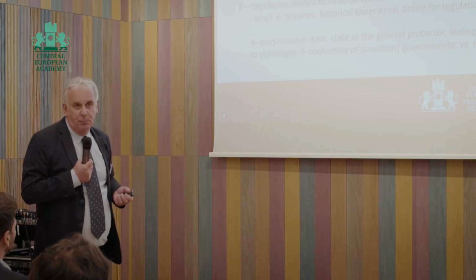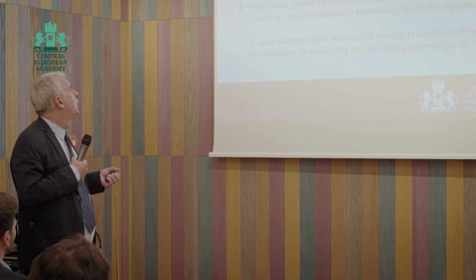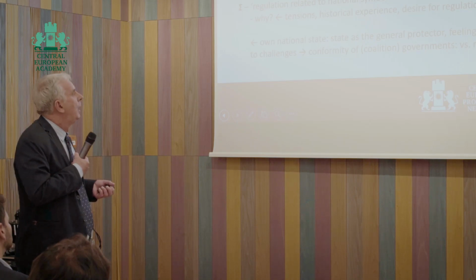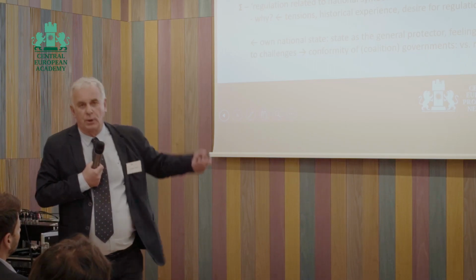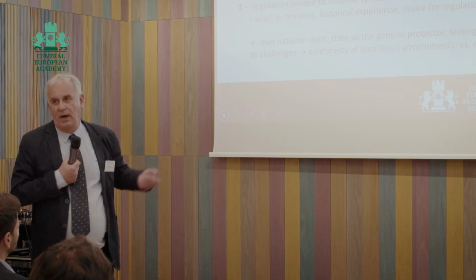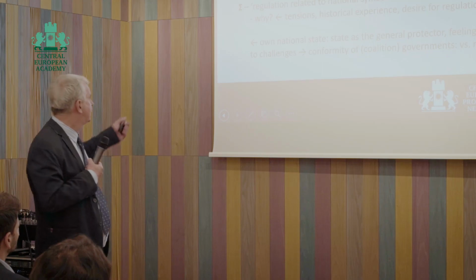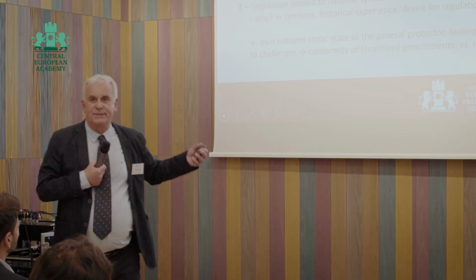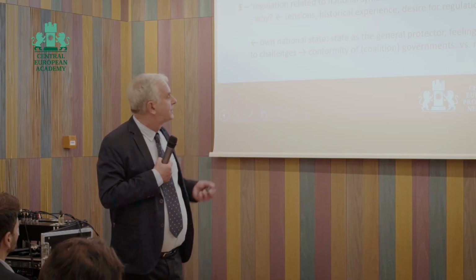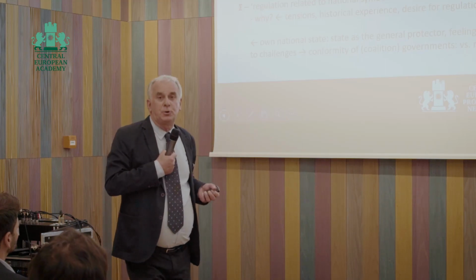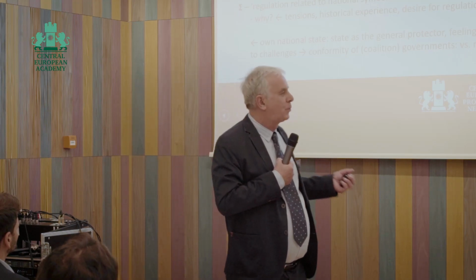I would offer the hypothesis: having its own national state as the general protector increases the feeling of security of the majority and lowers the sensitivity of society to infringements that before were so sensitive. And of course, it results in conformity of coalition government. In Croatia, all governments are coalition governments that do not want to risk anything in dealing with sensitive questions.